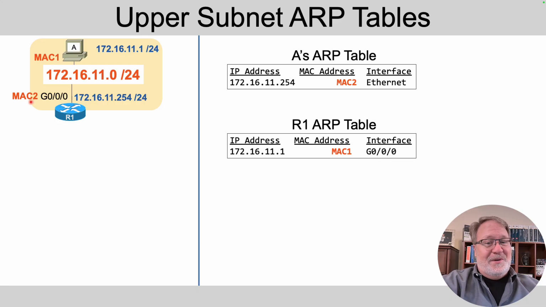It's generically speaking MAC2, and it will even list an interface. PCs can have multiple interfaces. PCs will assign an interface code. I show it here generically as Ethernet, but it might be something like ET0, ET1, ET2, something like that. So there'll be an ARP table entry on host A for the router's IP address and matching MAC address.